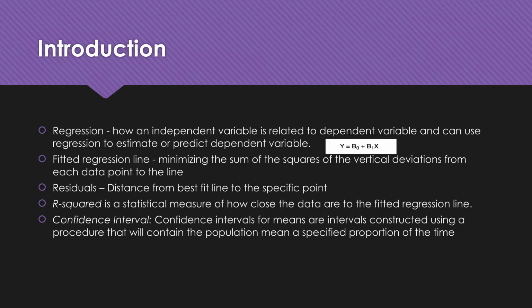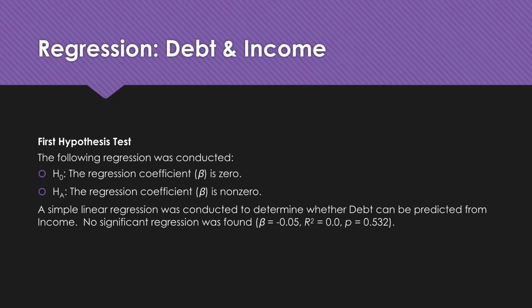Next, confidence intervals. What are confidence intervals? It's primarily how the data is distributed. What is the confidence level? Usually it is represented as 95 percent or 99 percent.